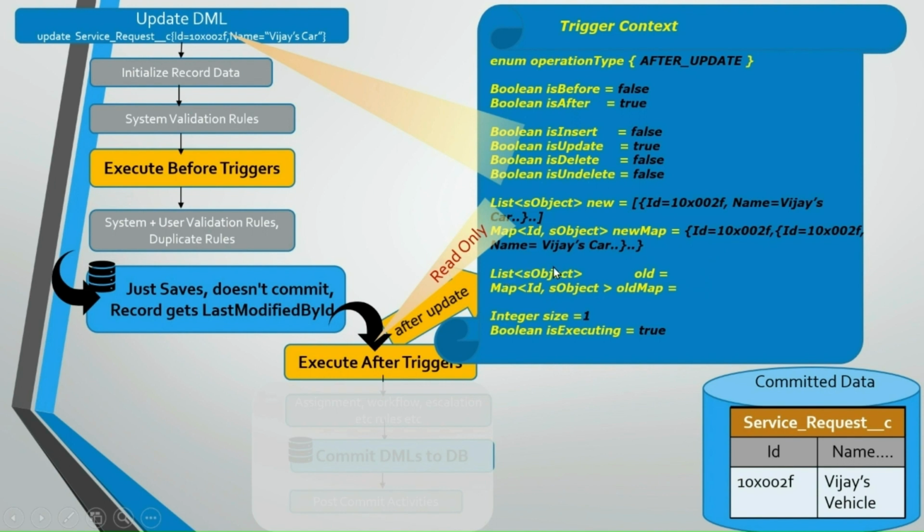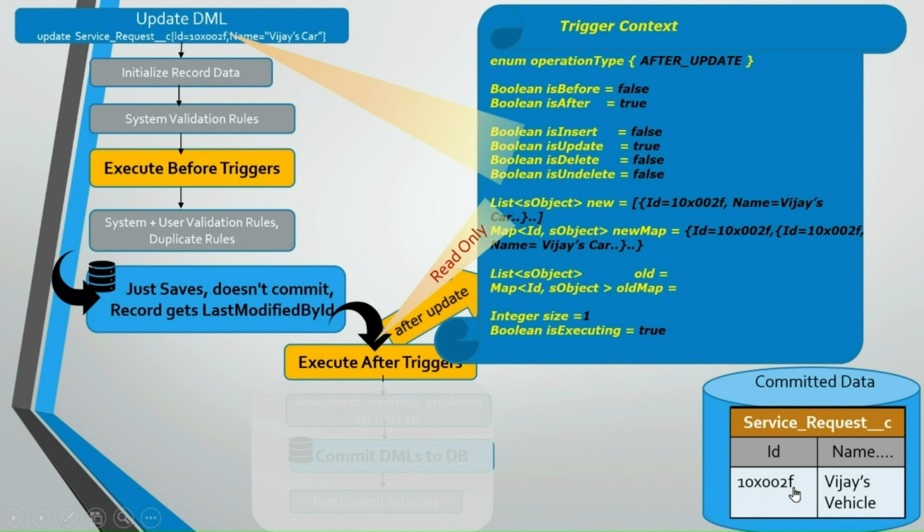The next section is for the old list and old map, to give the old values. To give the old values, Salesforce always refers to the database. From the database, it identifies that for the given update statement, there is data, that is, it has the ID in the database.